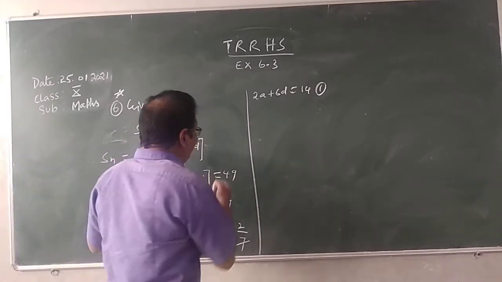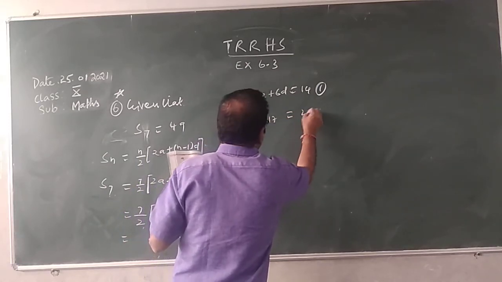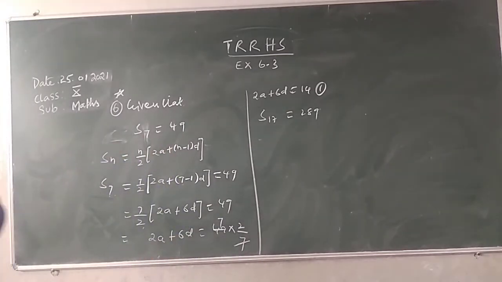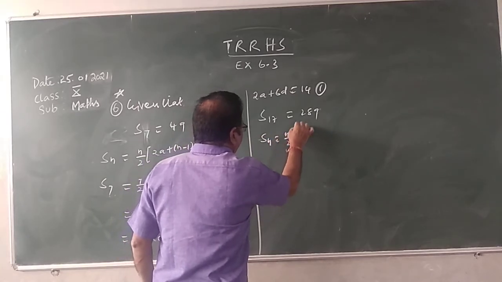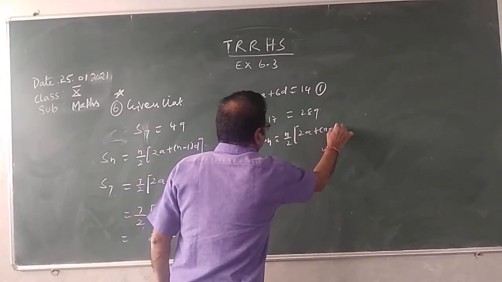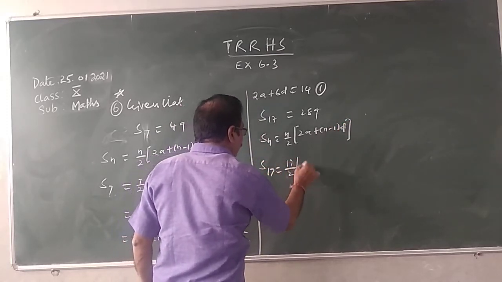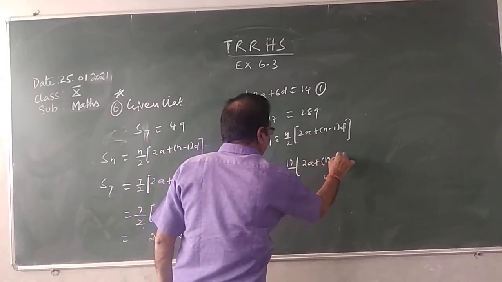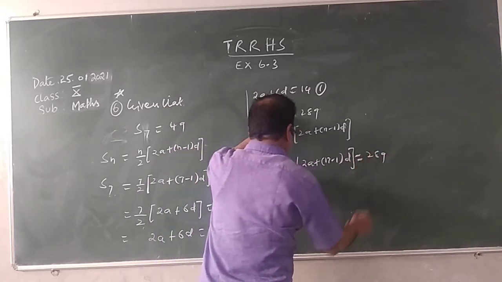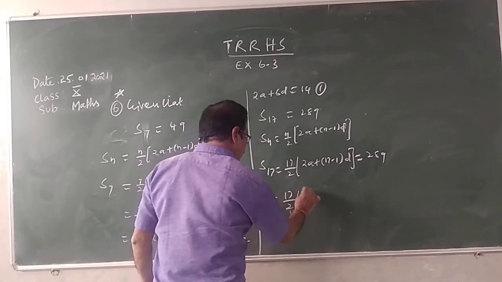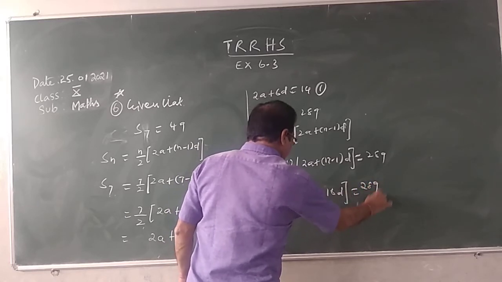Similarly, what is given here: sum of 17 terms is S17, equal to 289. Same formula, Sn is equal to n by 2 into 2a plus n minus 1 into d. Put n is equal to 17: 17 by 2 into 2a plus 16d is equal to 289.